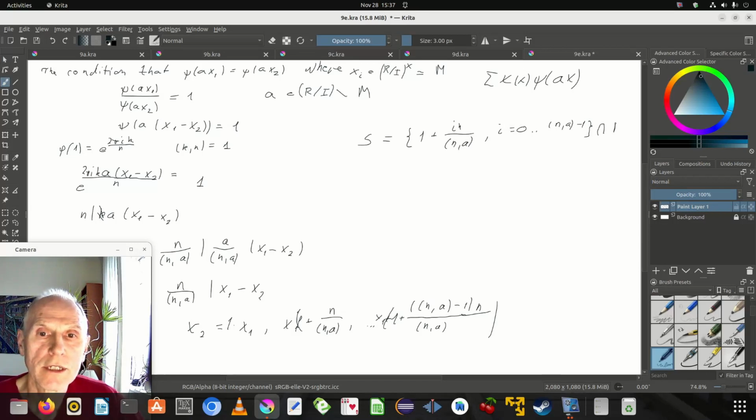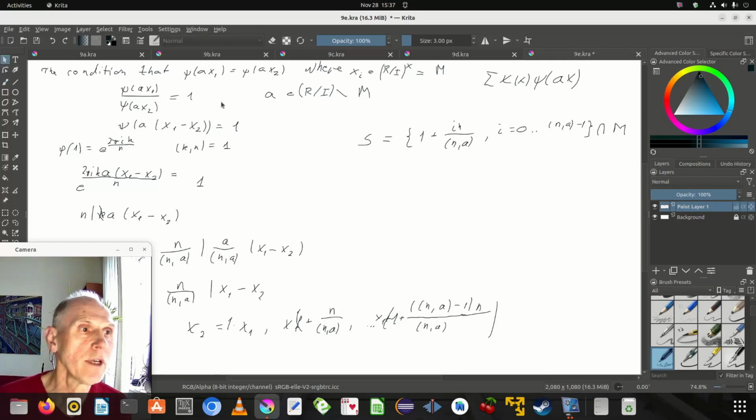So we'll take the intersection, the cross-section with that. Of course, this may only contain one element.